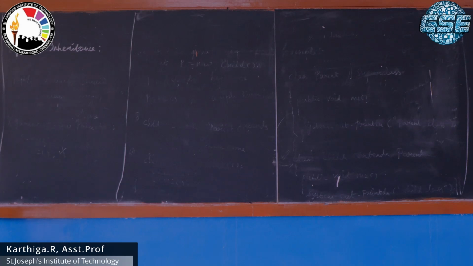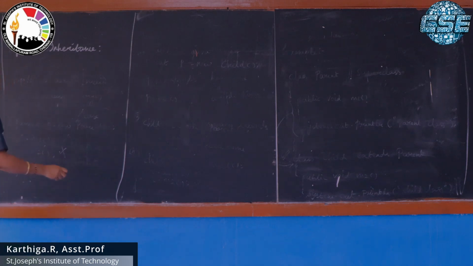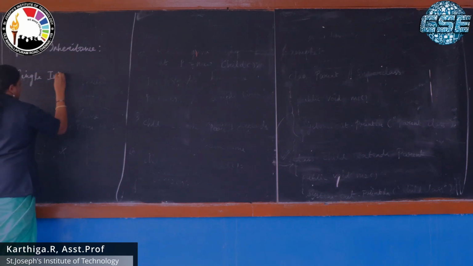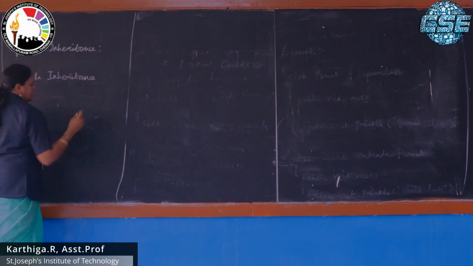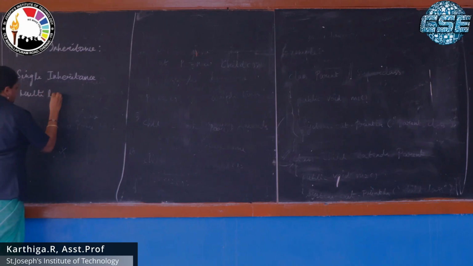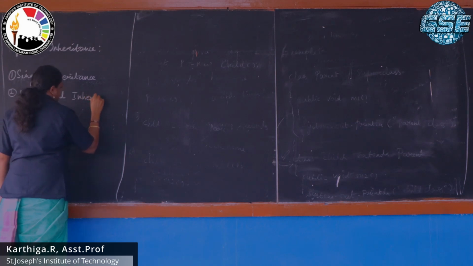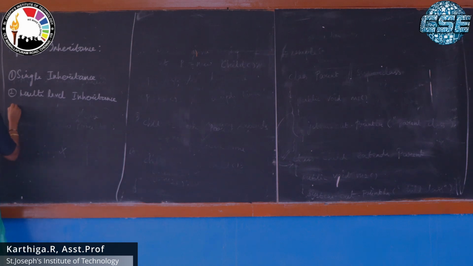Types of inheritance. So in inheritance we have 5 types. First one is single inheritance. Second one, multi-level inheritance.